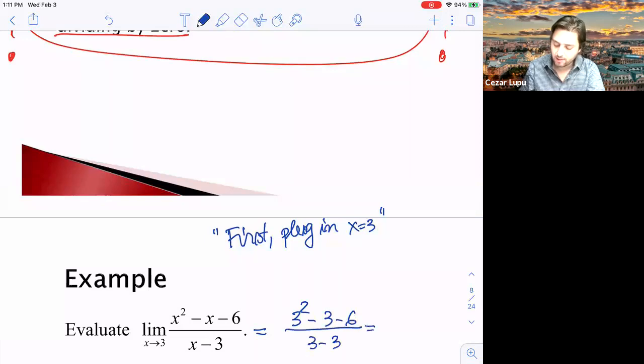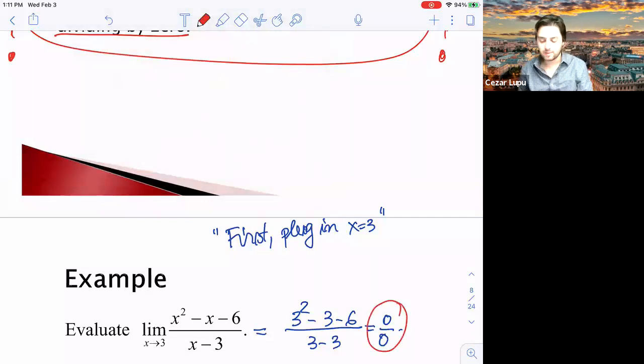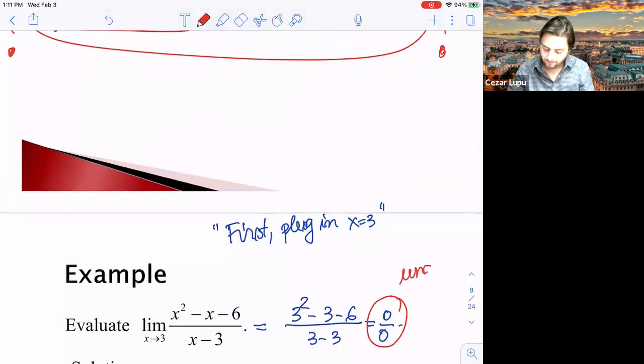So what do we get? On top, exactly, 0 over 0. Yes, 0 over 0. So unfortunately, this is an indeterminate form, so it's undefined. We need to do something.